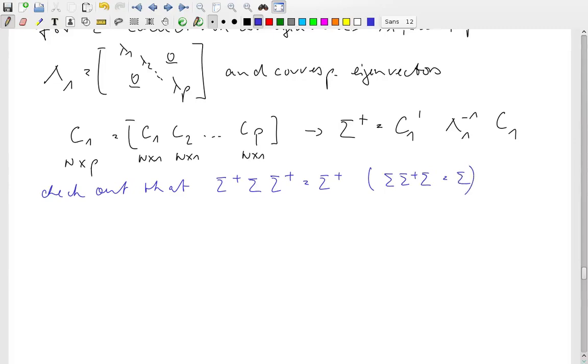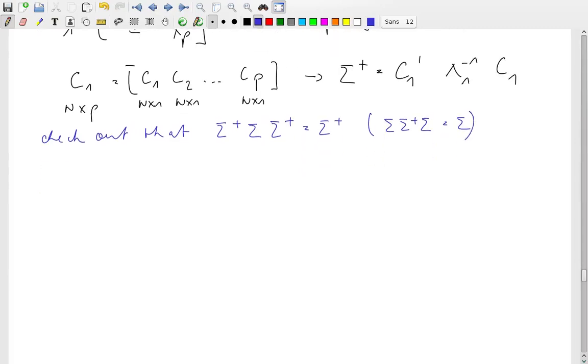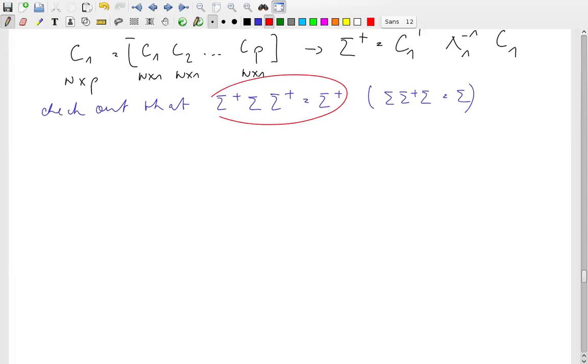So these are the desired properties of the pseudo inverse, and we can check that this is actually true, and we can check it for this condition. We can verify it.